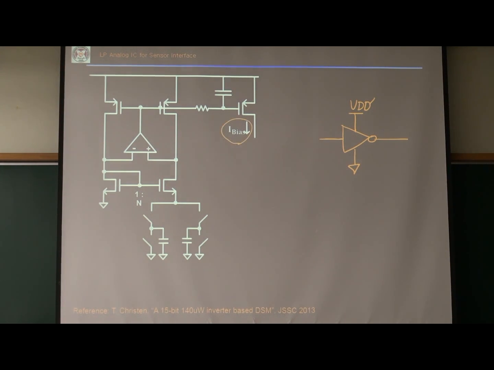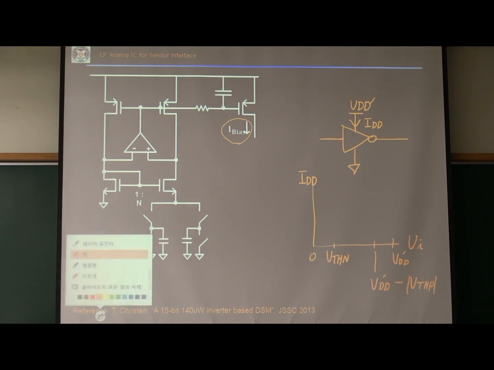In a supply voltage, I have an input voltage and a supply current here. Then I have some NMOS threshold voltage here. This is VDD prime, and this is VDD prime minus the PMOS threshold voltage.